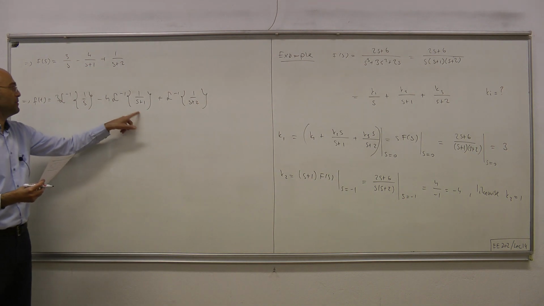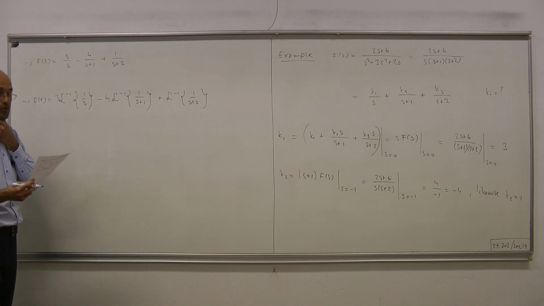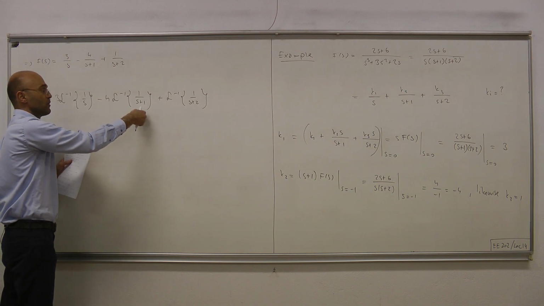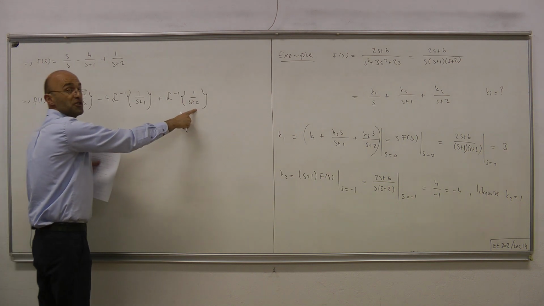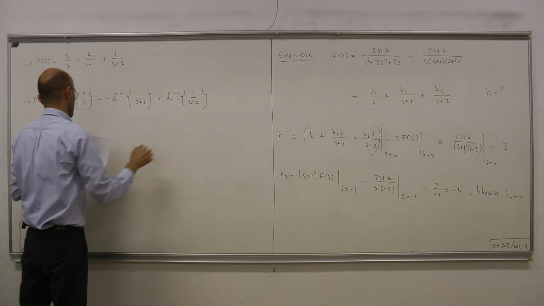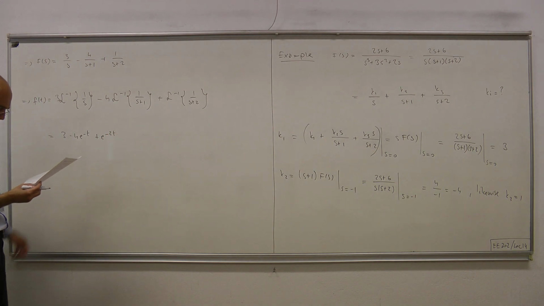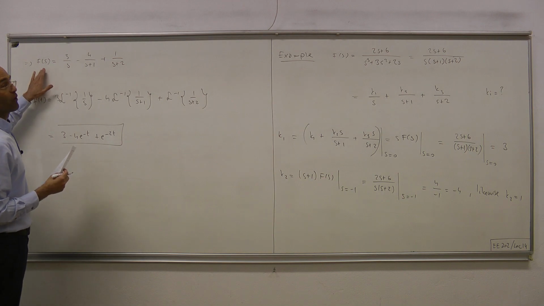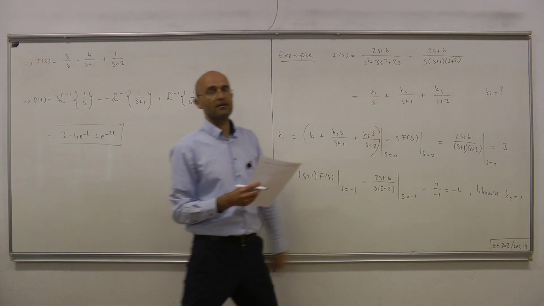Now we immediately recognize those inverse Laplace transforms. This will give us a constant term, 3. This gives us the exponential term e to the minus t. And finally, this gives us another exponential term, e to the minus 2t. Therefore, this is the inverse Laplace transform of (2s + 6) over that denominator.